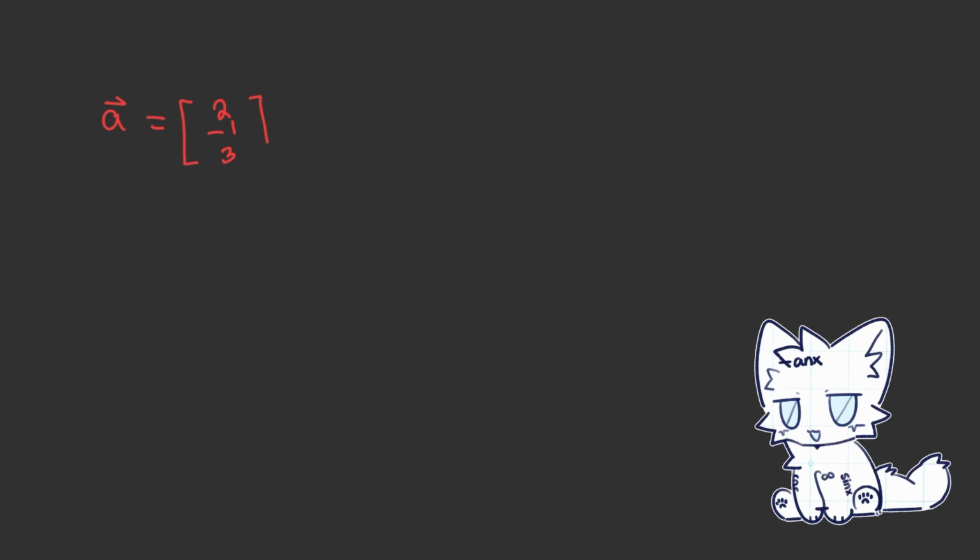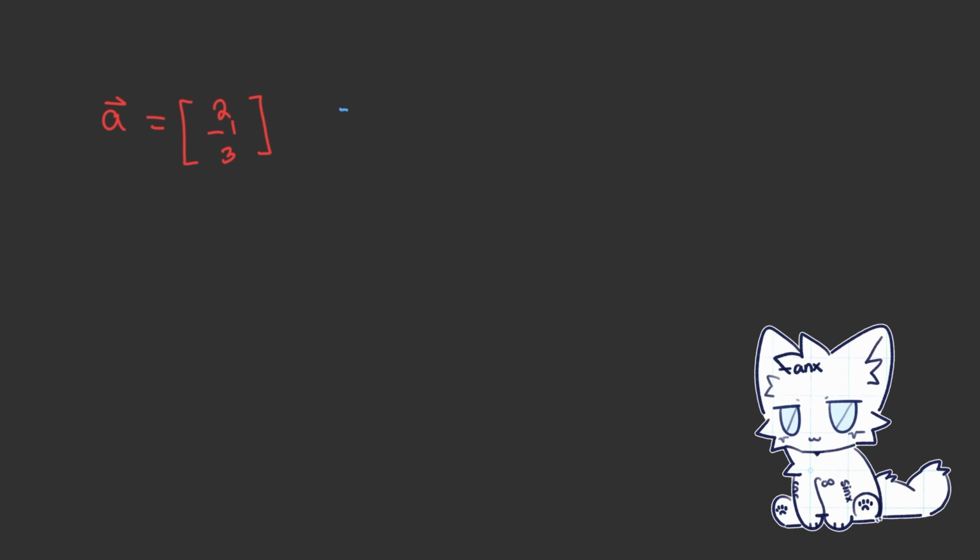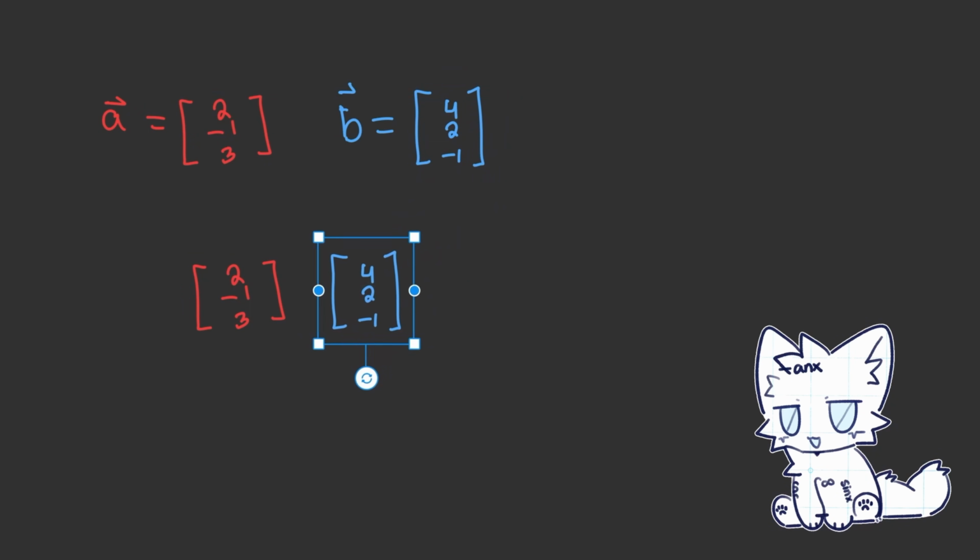Say, let's define vector A. This is 2, -1, 3. This is vector B, or 4, 2, -1. To compute the dot product, you simply multiply the elements that are in the same row, and you add them all up.